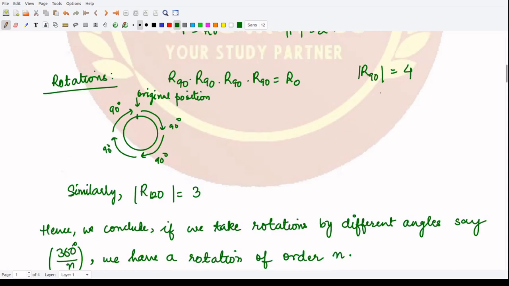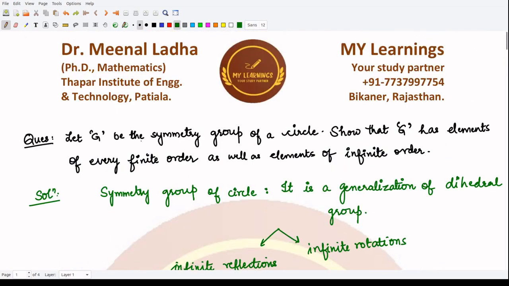Because in this case, if you divide 360 by 4, which is R90, you have the order as equal to 4. So this proves one part of the result. We have proved that it contains elements which have finite order, and in fact every such finite order. Now we wanted to show it also has elements of infinite order, and not just one element, it has many elements which have infinite order.